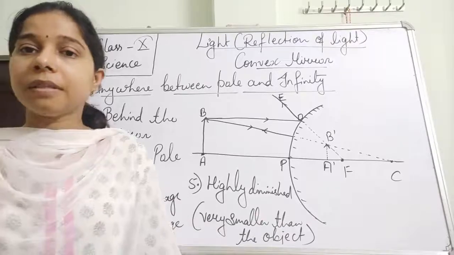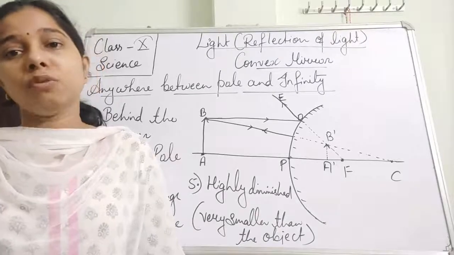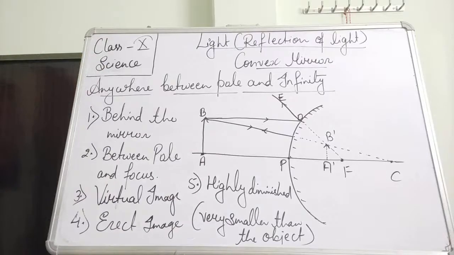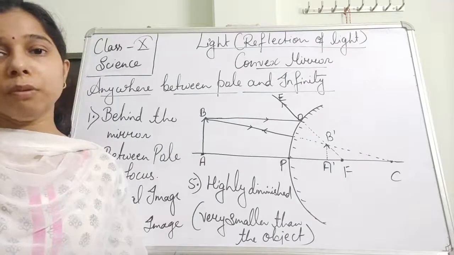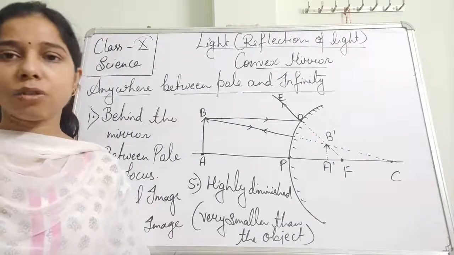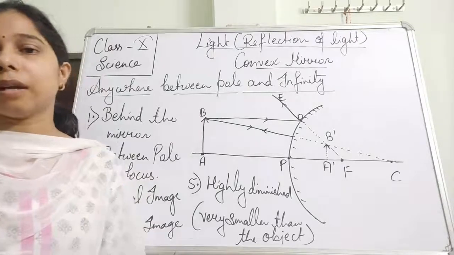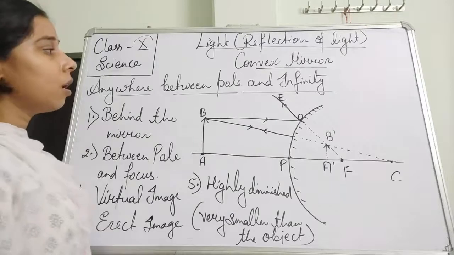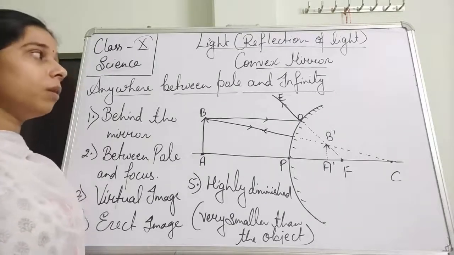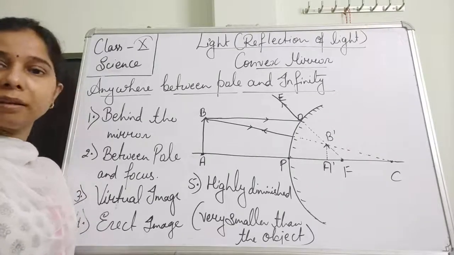So this helps in telling that the image formed here will be very small, students. Okay. And the image, obviously you know that it will be virtual and erect. If it is a convex mirror, it will always be virtual and erect, students. Okay. So this is the first condition, the position of the object between pole and infinity.